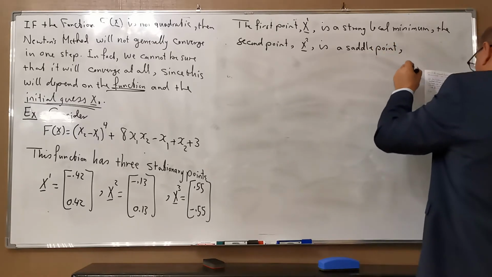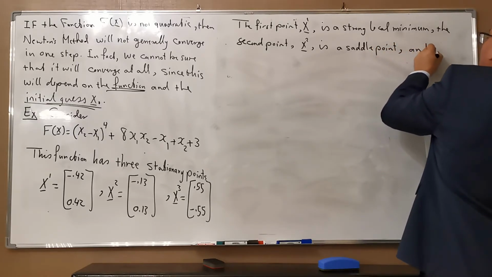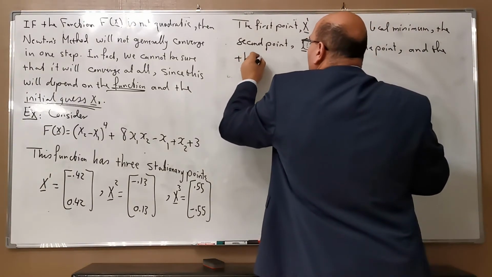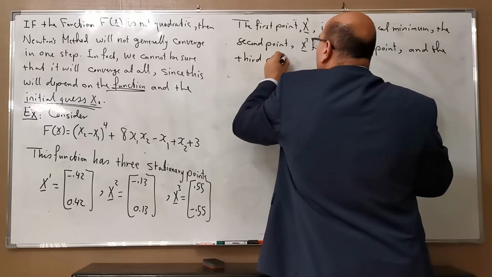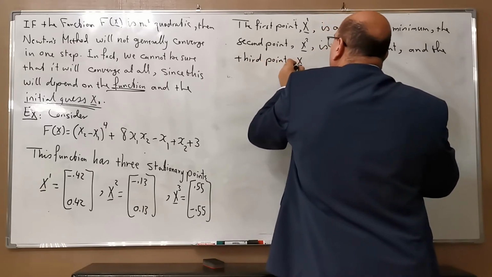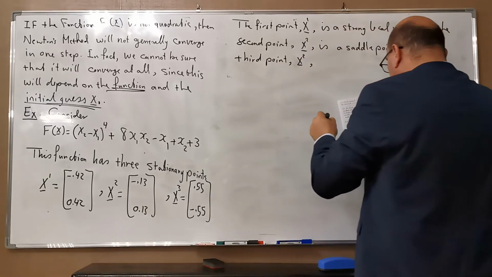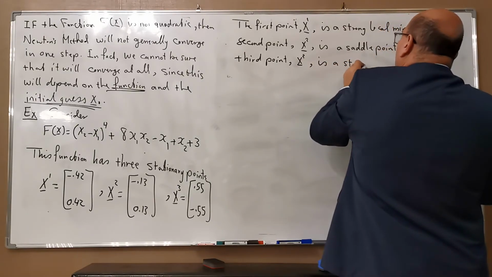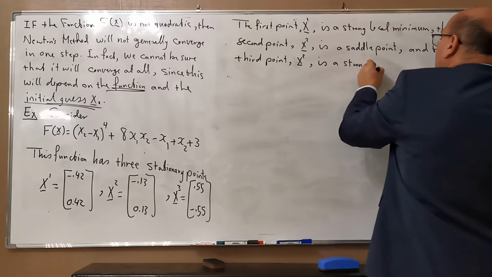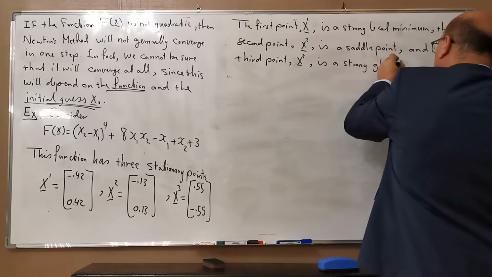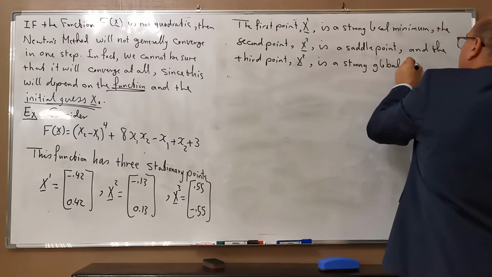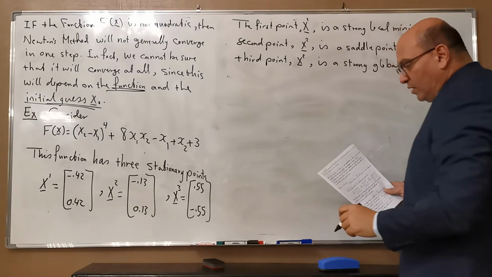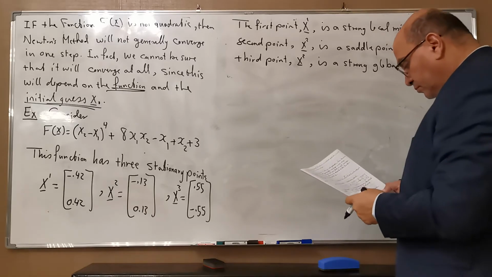And the third point, x3, is a strong global minimum. Okay, so you have 3 points.